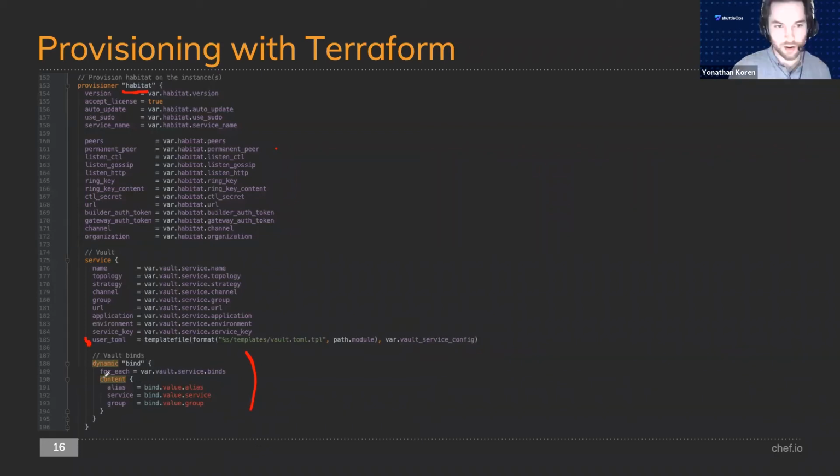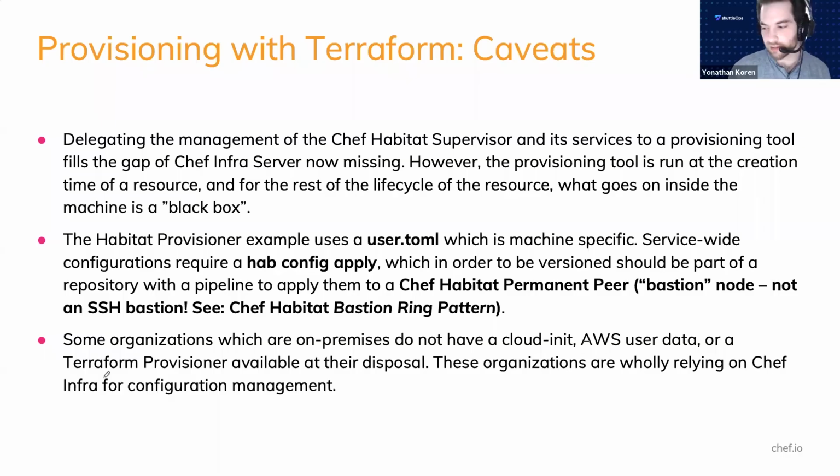Now, the main caveat here is that these provisioners, and I think this applies not only to Terraform, but also if you're using something like user data on AWS, you are essentially going to be facing a black box, because these provisioning tools only care about what happens in the beginning. They don't reconcile with the Habitat supervisor after the fact, right?